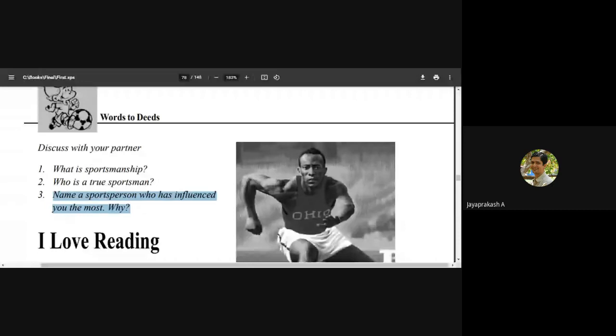Yes. So we all have some sports person whom we adore, whom we respect, whom we like. Some qualities in them, like for example, PT Usha. She is from our own land.